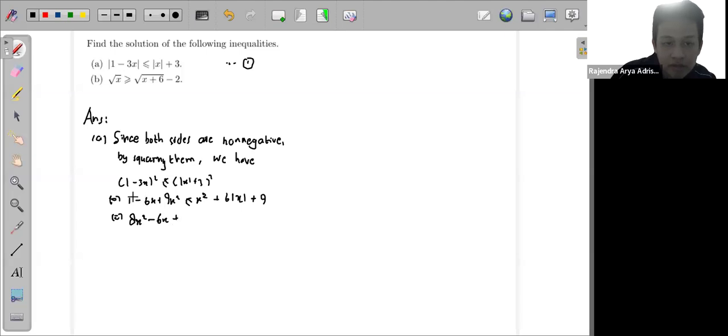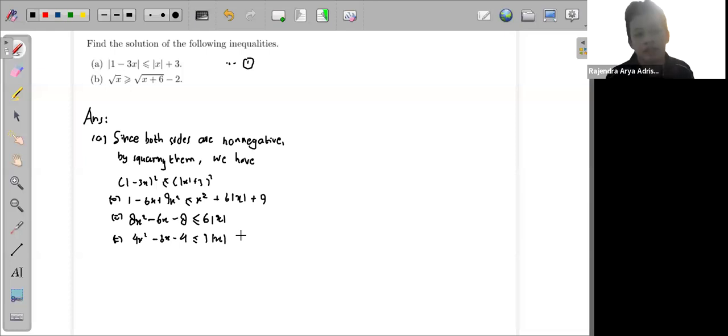And the constant, we have 1 here, we have 9 here, so we subtract 9 from both sides, we get 8, and it leaves 6 absolute value of x on the right side. Okay, we can once again simplify it by dividing both sides by 2, which gives us this expression here.